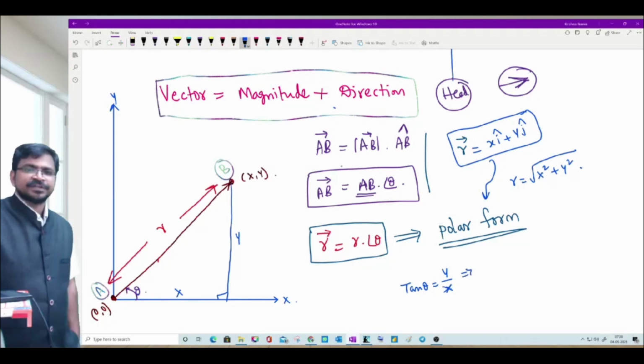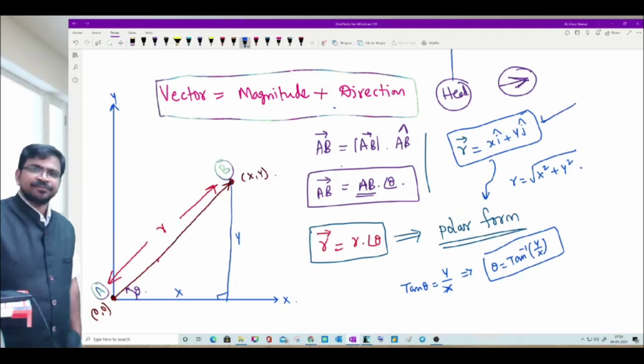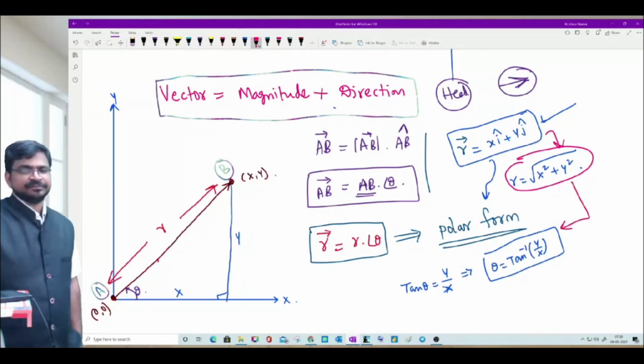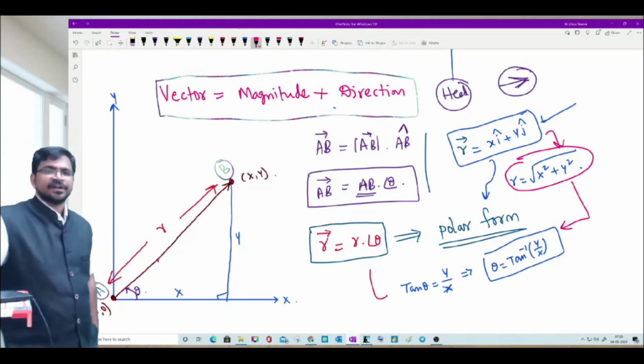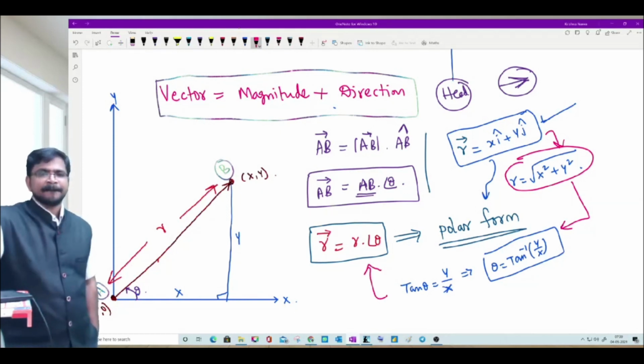So theta is equal to tan inverse of y by x. So from rectangular form you can calculate magnitude and direction for the polar form. So you can finally write r at an angle theta.